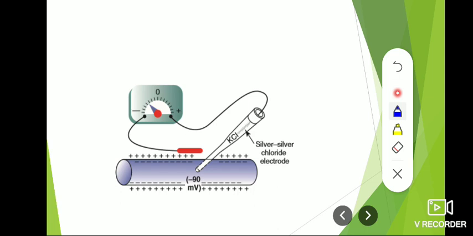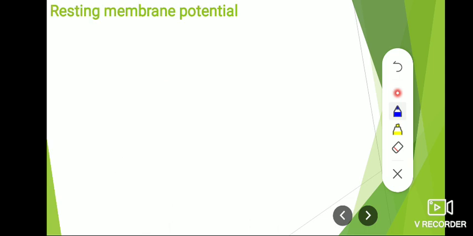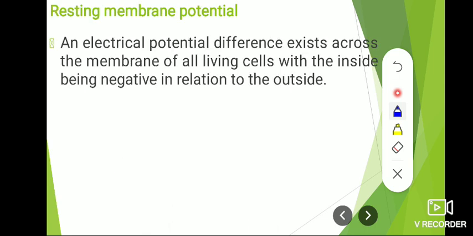Now if you can see in this diagram, if you put an electrode on the surface of any cell and insert it, you will find that there is a difference in electrical charges inside and outside. This is called a membrane potential. So an electrical potential difference exists across the membrane of all living cells, with the inside being negative in relation to the outside.